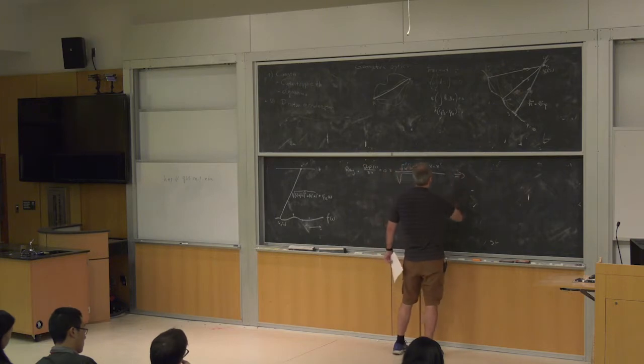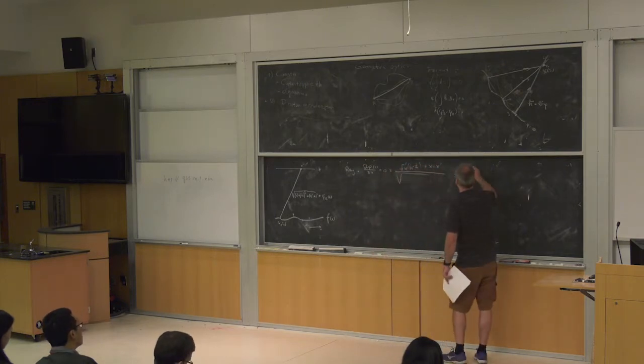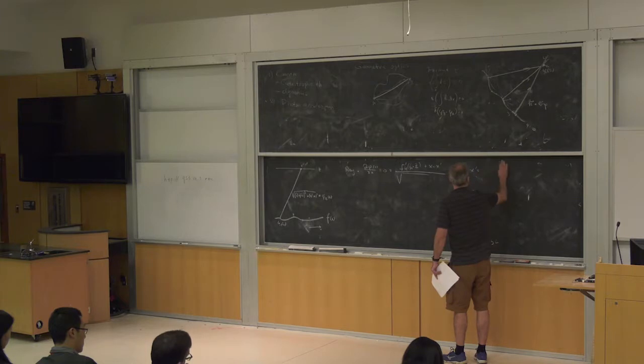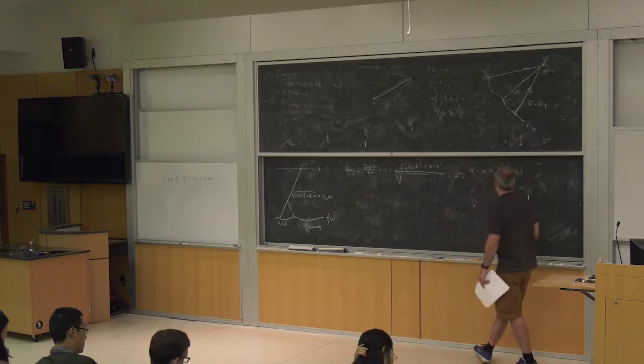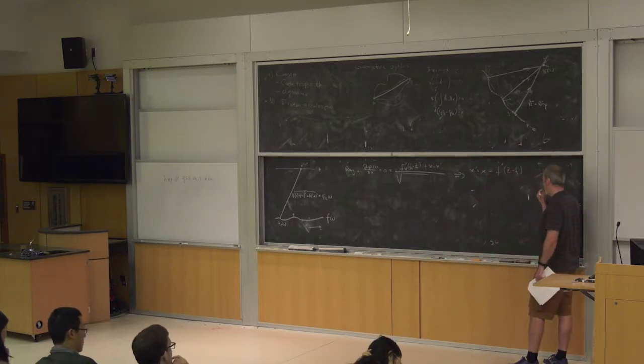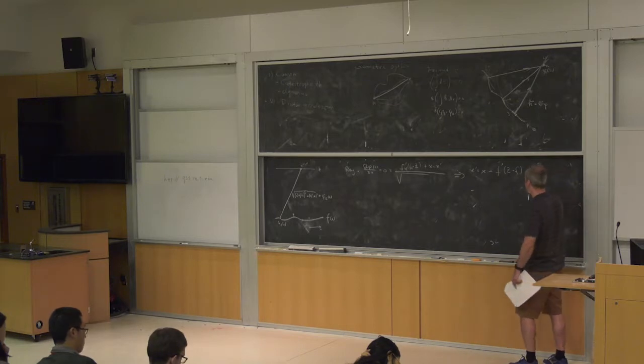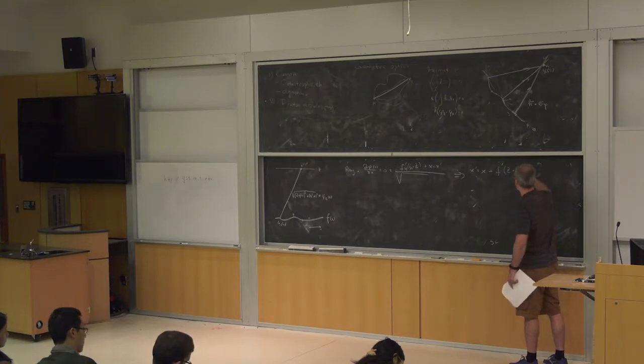And so you see immediately that x prime is going to be x plus f prime times (z minus f). Okay, so the so-called paraxial approximation is when f is much smaller than z, so I can basically drop this f over here.